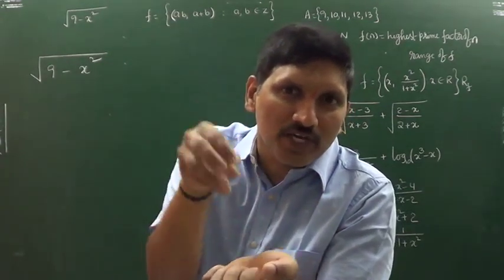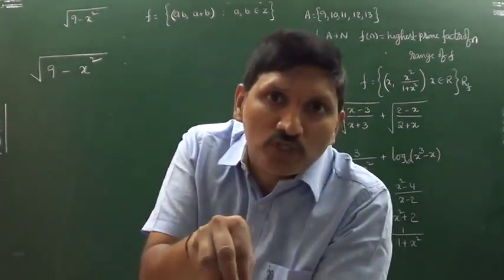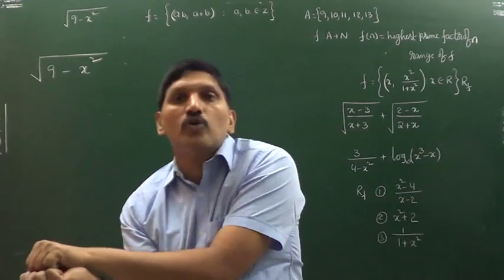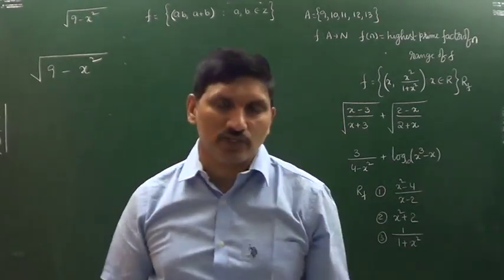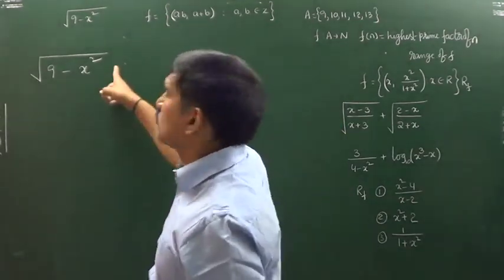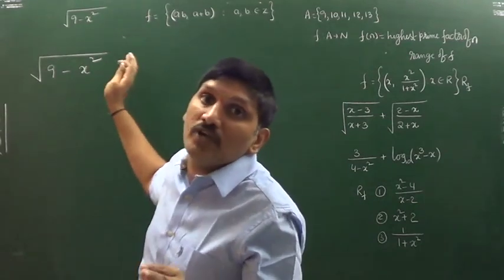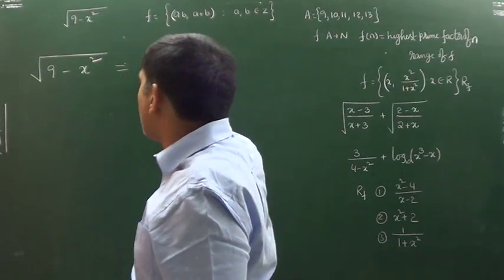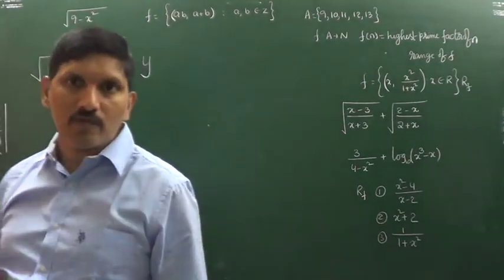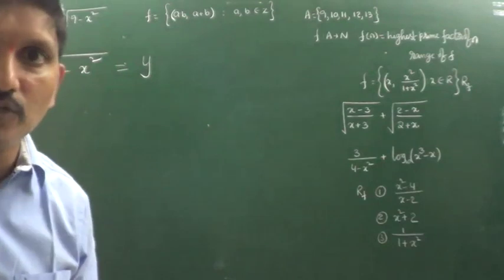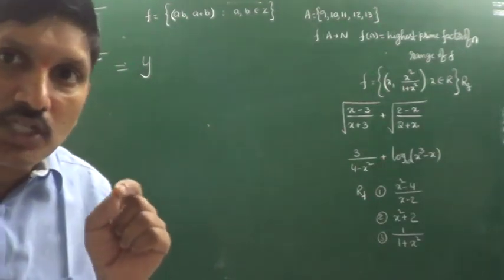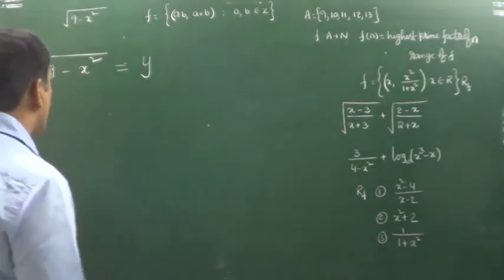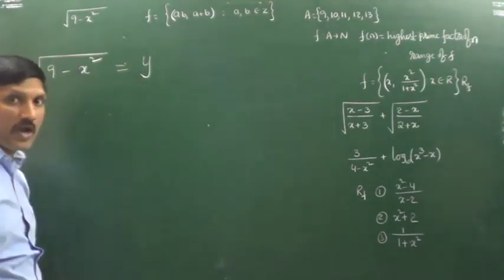Whatever inputs we are giving, for those inputs, what we will get as an output, that is called the range of the function. We don't know this function's range. What output we will get, we don't know. That's why I am assuming this is equal to, say, y. The y values are nothing but the range of the function. So we have to find out the values of y.